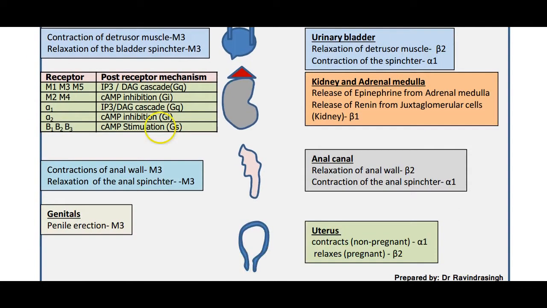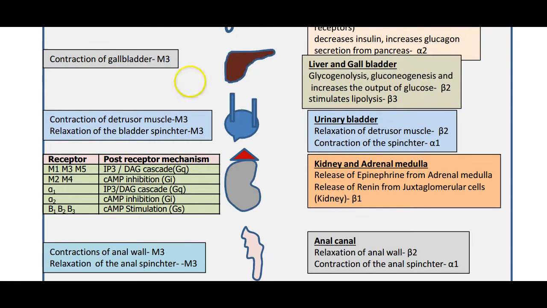And even if you see M3 receptor which is present in the anal wall, it causes contraction of the anal wall and also it causes contraction of the urinary bladder. But at the same time, these M3 receptors are also present in the sphincters like bladder sphincter and anal sphincter, where it causes relaxation of these sphincters.